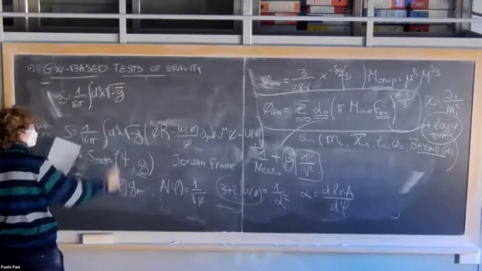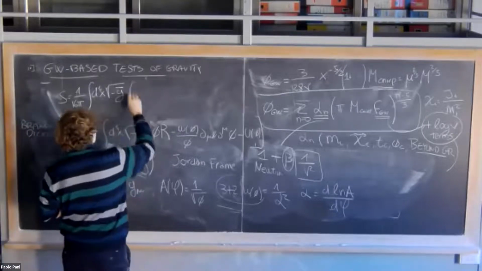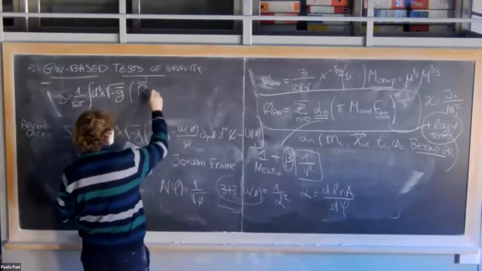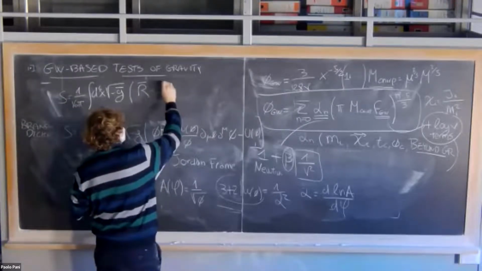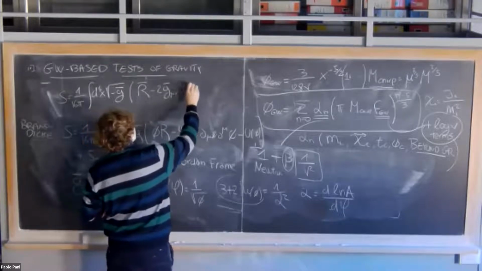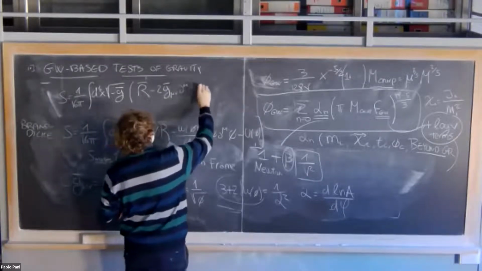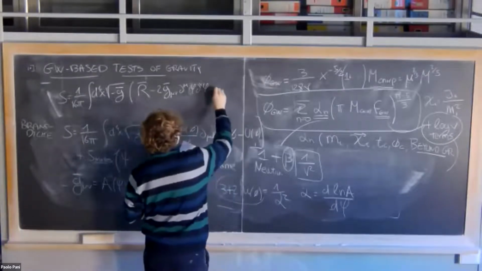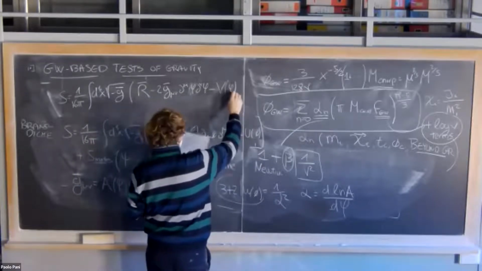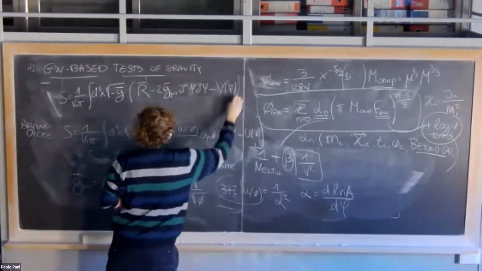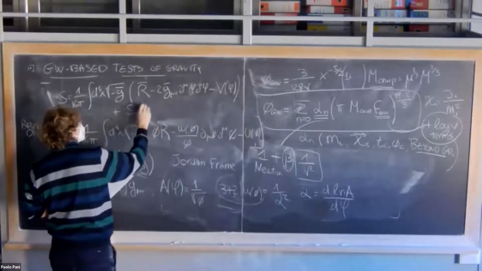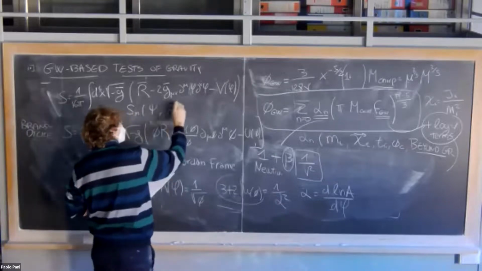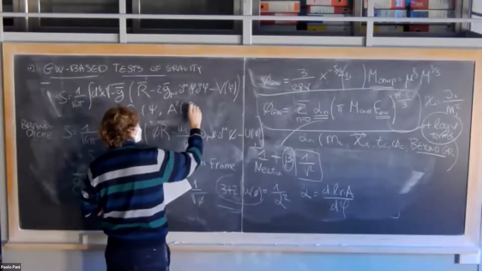This is the determinant of G bar. This is the Ricci scalar bar of the bar matrix. This is minus 2 G bar mu nu partial mu phi partial nu phi, the new field, minus a new potential, plus a matter term that depends on a squared phi.